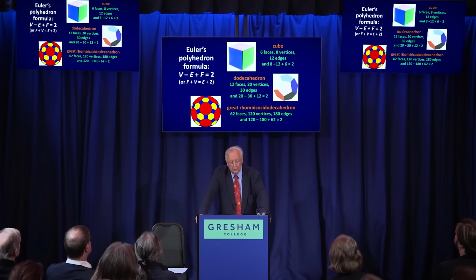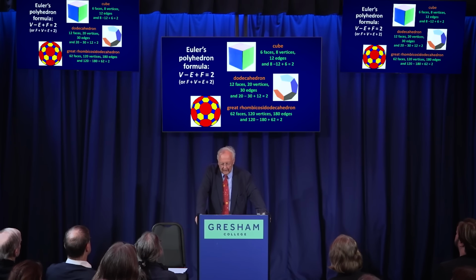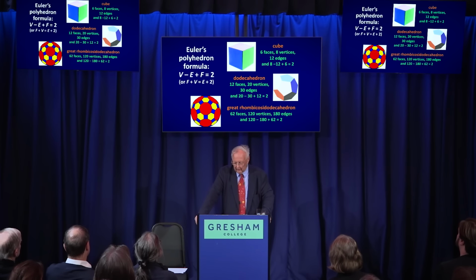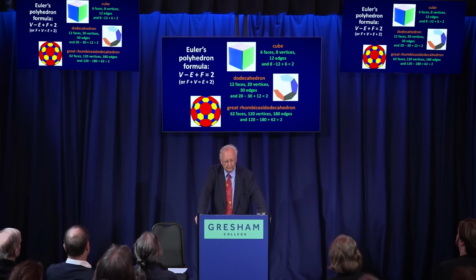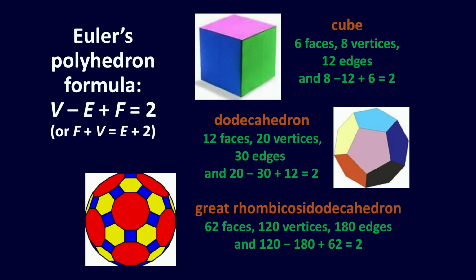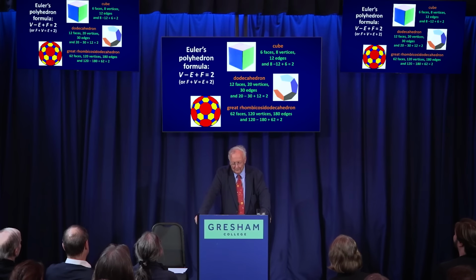So, for example, a cube has 6 faces, 8 vertices, and 12 edges, and 8 minus 12 plus 6 equals 2. And similarly for a dodecahedron. And the result also holds for the semi-regular polyhedra. For example, as you can see immediately, the great rhombicuboctahedron has 62 faces, 120 vertices, and 180 edges. And again, the formula holds.